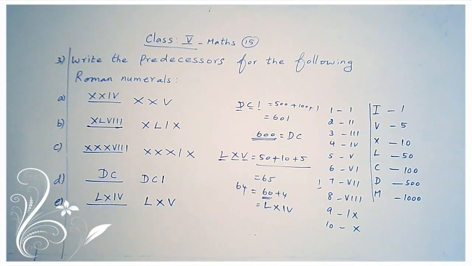Third question. Write the predecessor for the following Roman numerals. Do it fast. Write neatly, children.